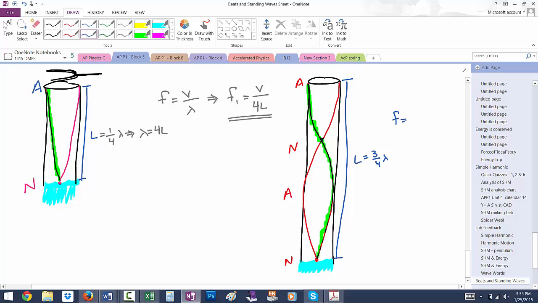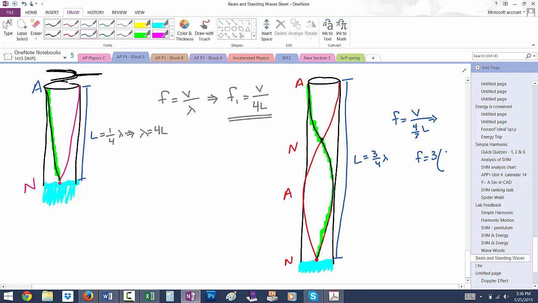So f here is equal to v over, well, it's going to be, excuse me, let me erase that, 4/3 L. We don't want to freak out that there's a fraction in the denominator, so I'm going to go ahead and move that thing up to the top. So I'm going to get f is equal to 3 times v over 4L. And that's nice. I mean, it looks kind of similar. It's got the v over 4L part, but you'll notice that the second simplest standing wave in this case has a 3 here. Okay?